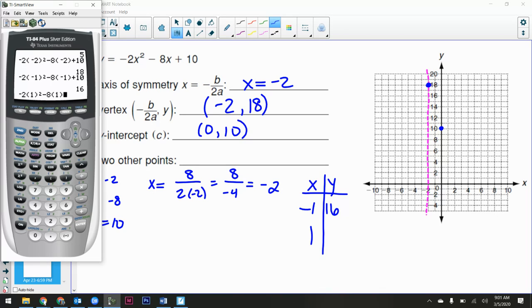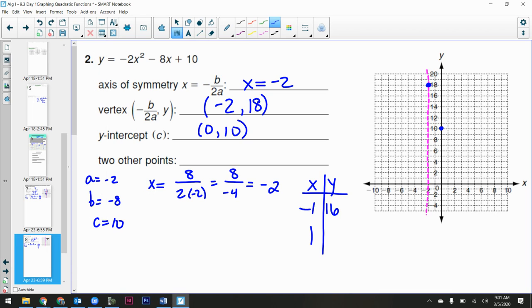Whoa, that's 11. Plus 10. Okay, 0. -1 comma 16 and 1 comma 0. I'm just putting a semicolon in between there just to separate them. That's not really a must have. And now we plot those points, -1 comma 16 and then 1 comma 0.